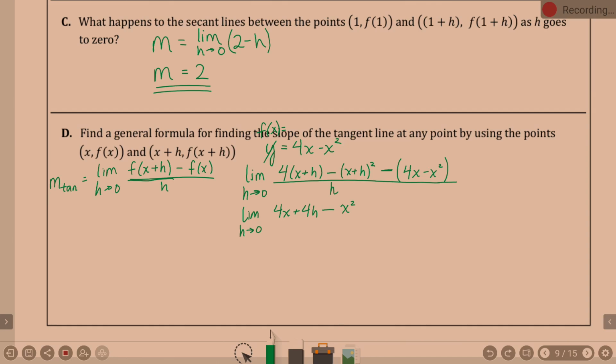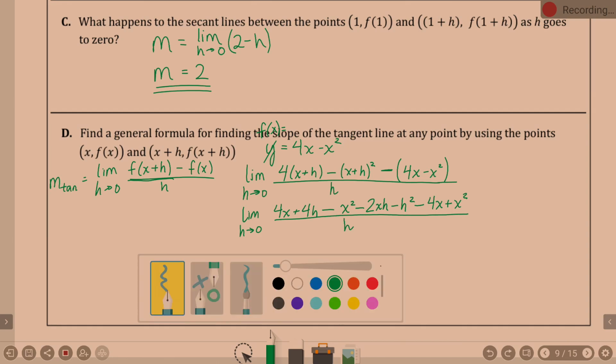X times h is xh, plus another xh is going to be 2xh, and we're going to subtract it. And we're subtracting the minus h squared. Distribute the minus on this last part, so minus 4x and plus x squared all over h.